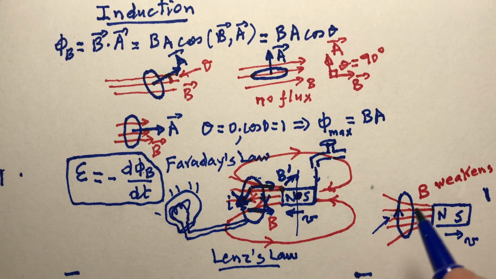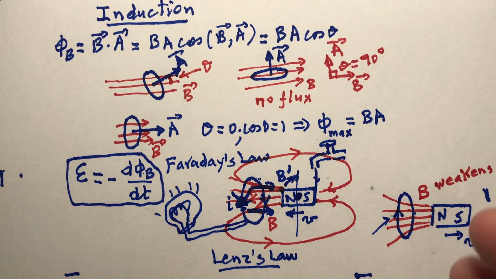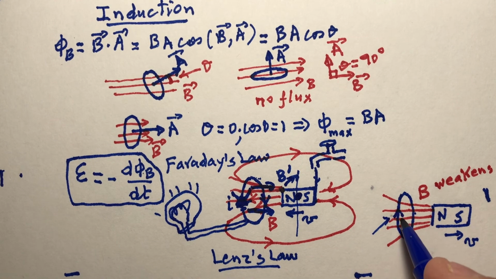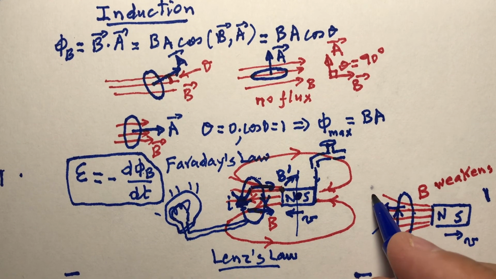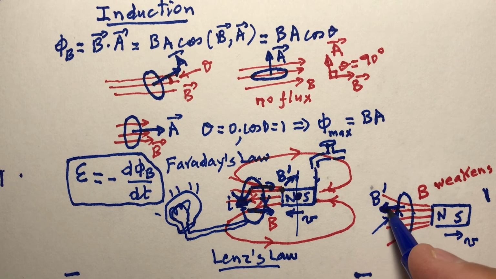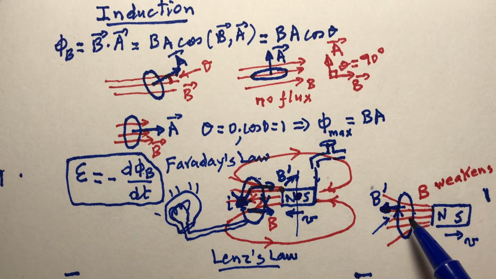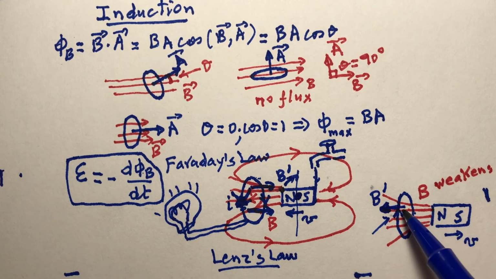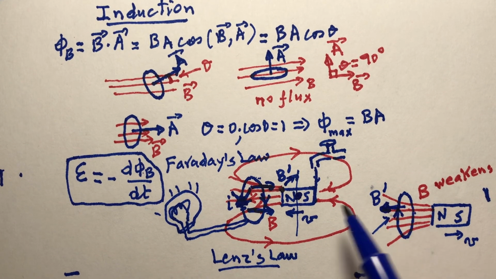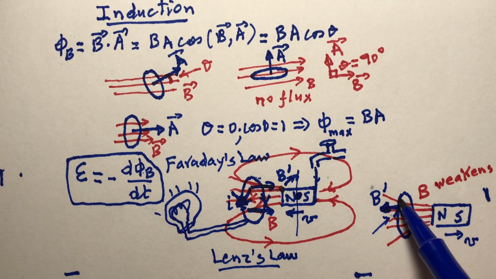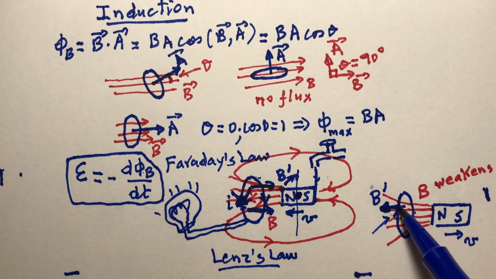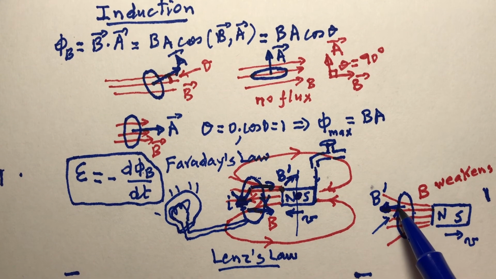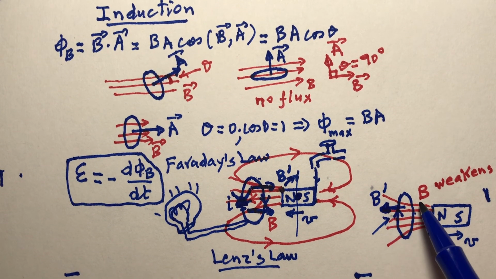So the current is going to go up here, and if it goes up here, it's going to generate a B field, the blue B field. I put here B prime. It's going to go like that, trying to compensate for the B field that you lose by moving to the right. The loop is going to go the opposite of this reduction. It's going to go up, go like that, to generate a B field that's going to go to the left to compensate for the B field that you lose in there.